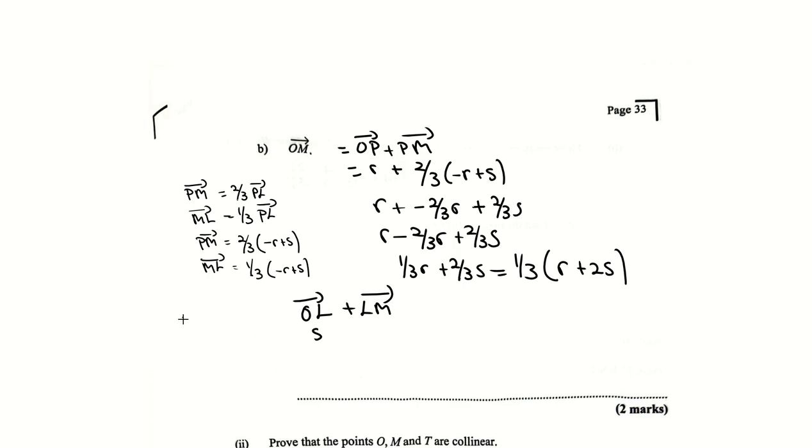So LM would be minus 1/3 of minus R plus S multiplied by -1, which would be 1/3 R minus S. Hold on, this is in the space of that working, so let's put this up here.